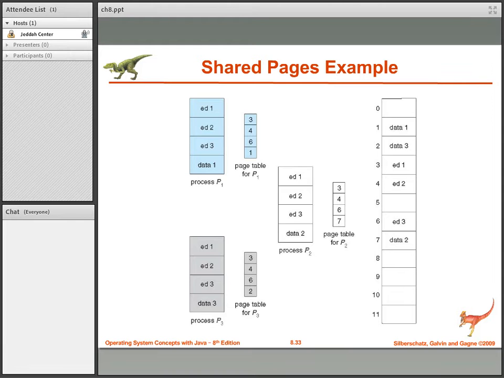So you have the data 1 in frame 1 in the physical memory, you have the data 3 in frame 2, and you have the data 2 in frame 7 in the physical memory. So only the shared code has the same physical memory location amongst the processes.